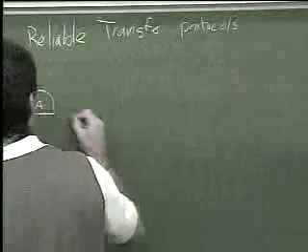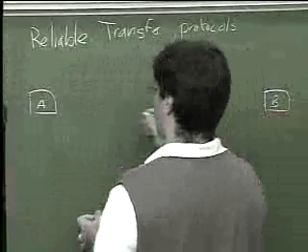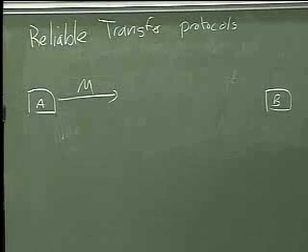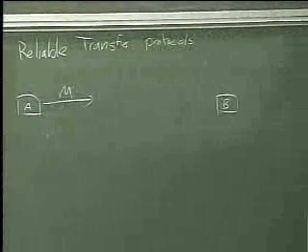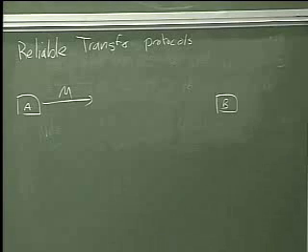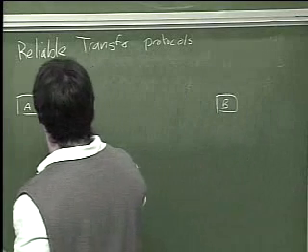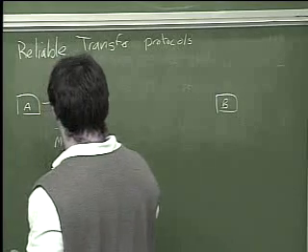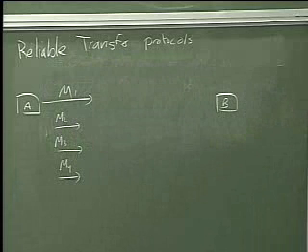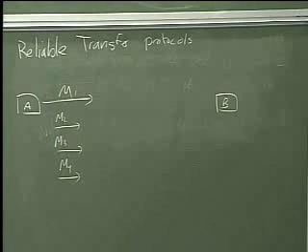Okay, so there's A trying to communicate with B, and A wants to send B a message. So it sends out this message, right? And who knows the message got there? Okay, so what you can do is you can send multiple copies of it and hope that one gets there. But suppose you really, really want to make sure that it got there. Okay, and suppose you have several messages to send: M1, M2, M3, M4. How do you know whether or not they got there? Well, B is going to acknowledge your messages, right?